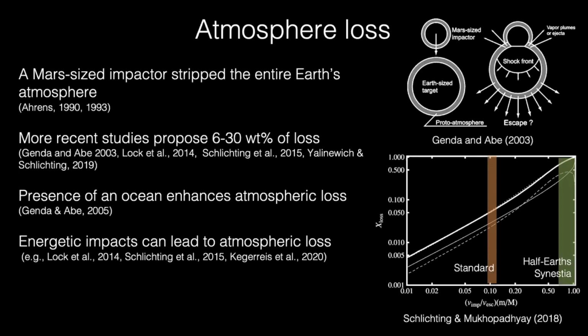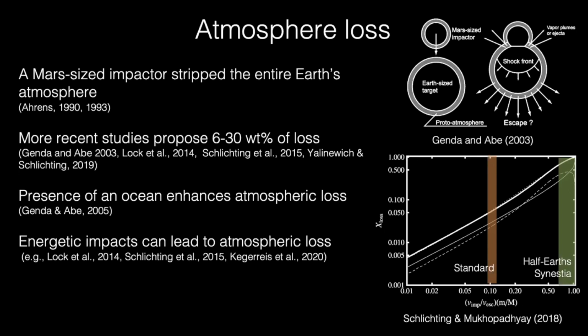But another key point here is that the amount of the lost atmosphere depends on the model. Energetic impacts can lead to the atmospheric loss. So you can see the figure at the bottom. The x-axis is the impactor velocity divided by the escape velocity times impactor mass divided by the target mass, and the y-axis is the fractional atmospheric loss.